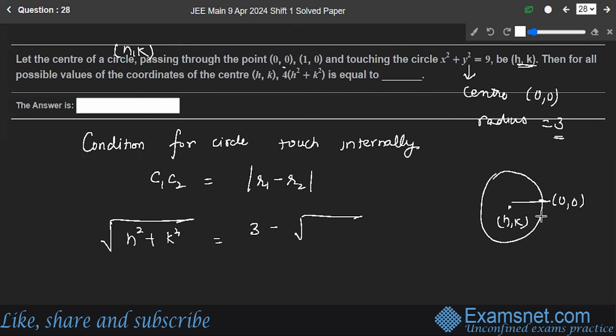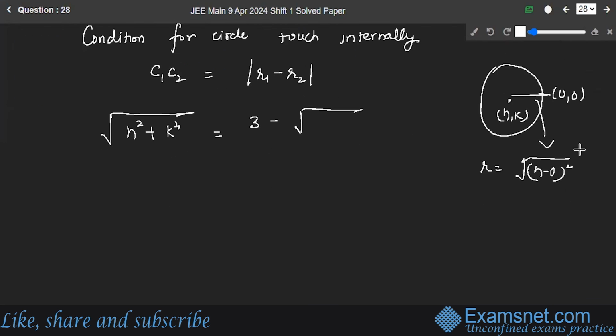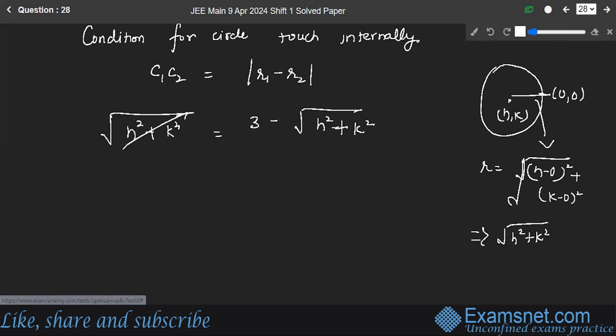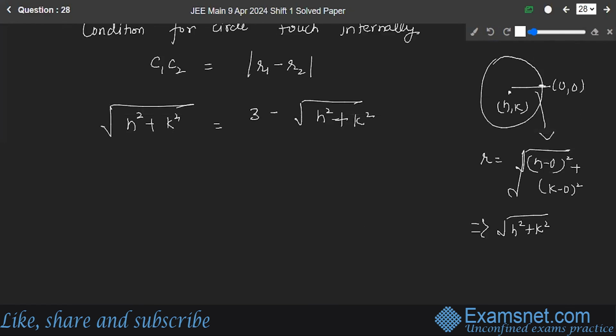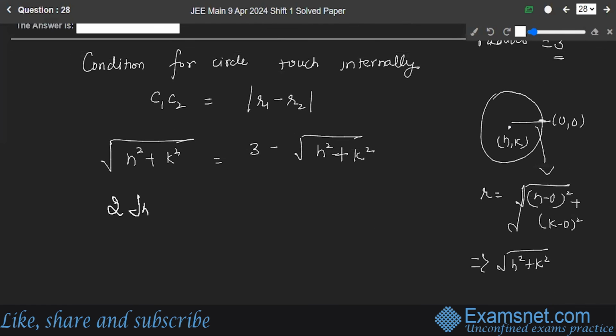So over here the radius will be given by root of h minus 0 square plus k minus 0 square, which is equal to root of h square plus k square. Wait, sorry, this will not cancel. This is minus, right? So this will be root of h square plus k square is equal to 3 minus root of h square plus k square, or h square plus k square is equal to 9 by 4.